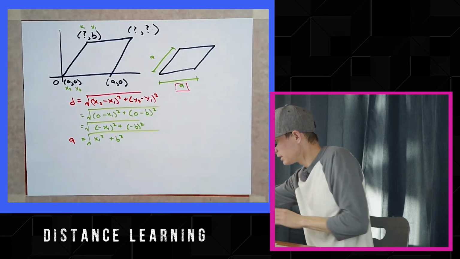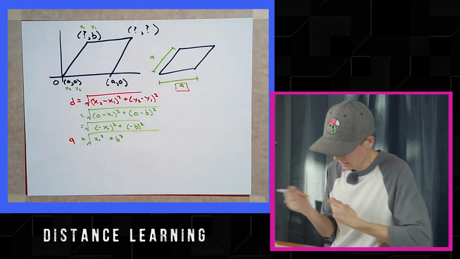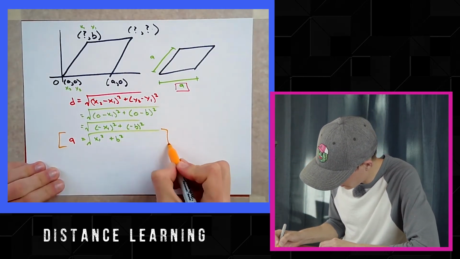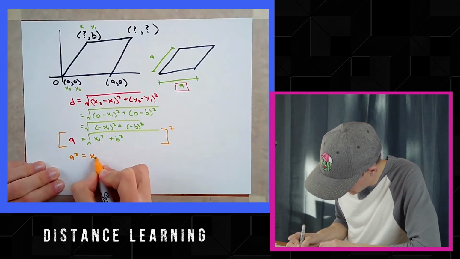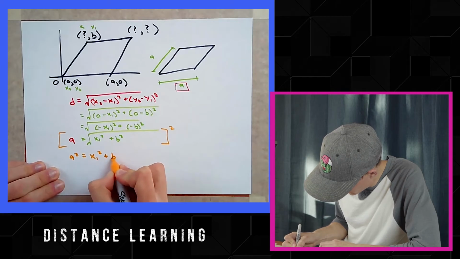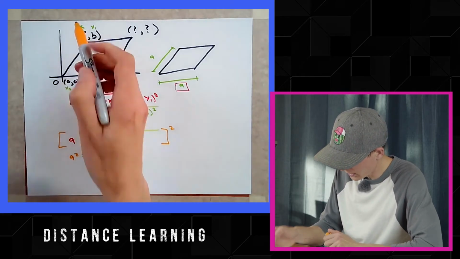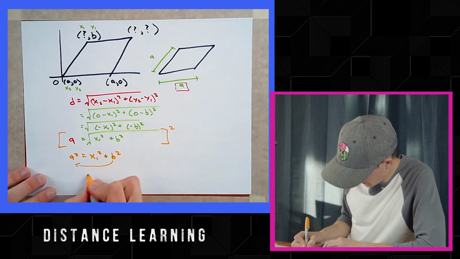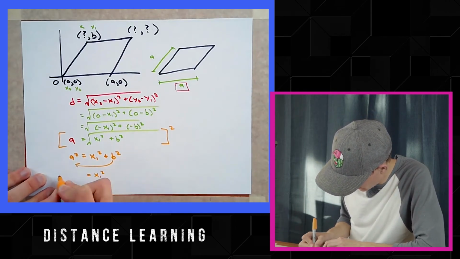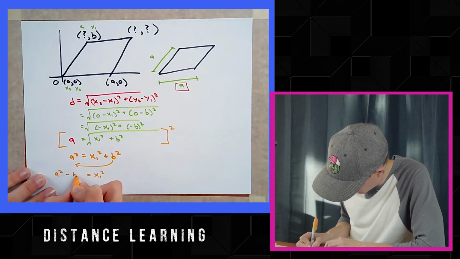But I need to find some things. So I'm going to square everything to get rid of the square root. So I'll have a squared equals x1 squared plus b squared, right? I want the coordinate of x1. So x1 squared is a squared minus b squared.